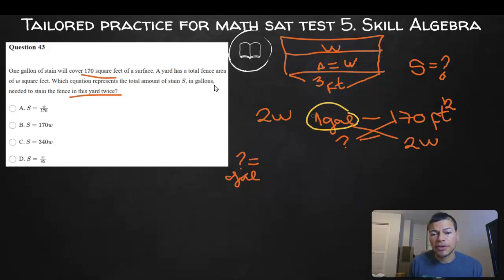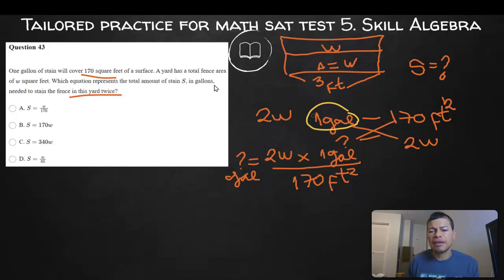So I'm going to put 2 times W times 1 gallon divided by 170 square feet.